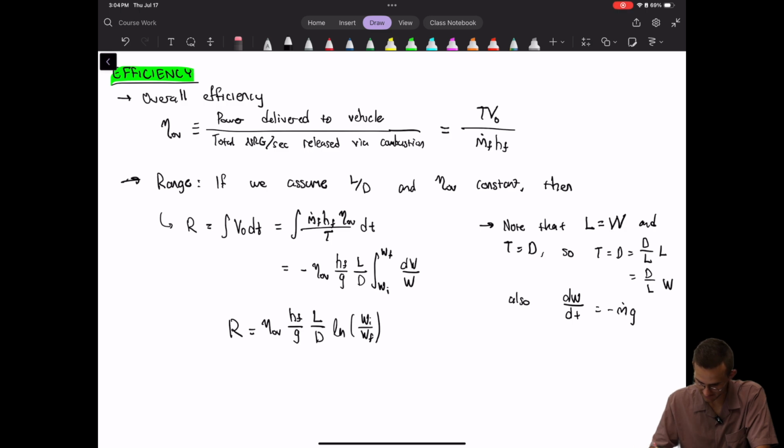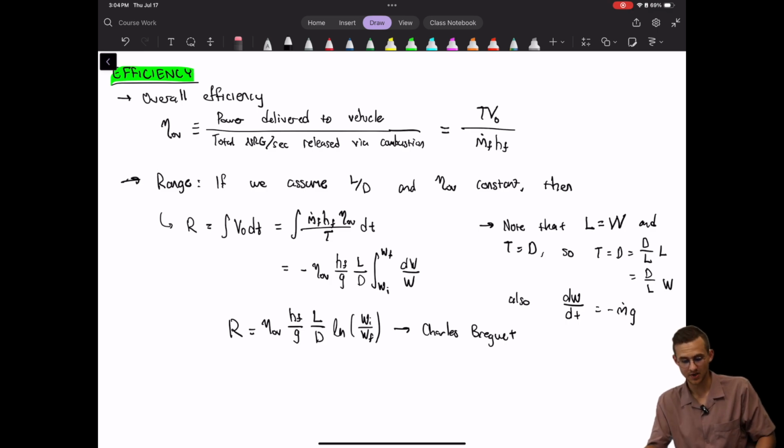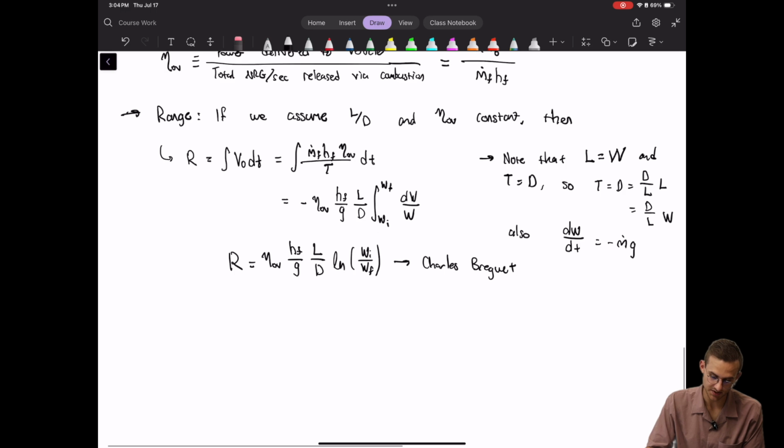This is Charles Breguet's range formula, who actually founded Air France in 1919. So that's a range formula due to Breguet.